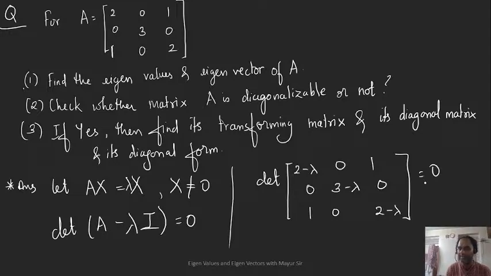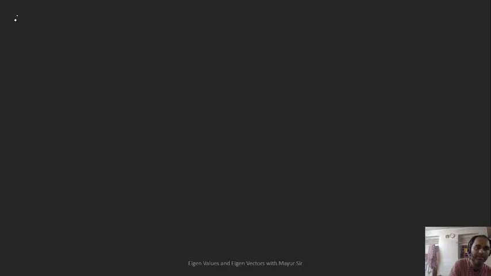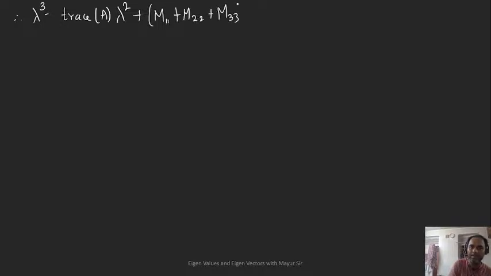Now let us write the characteristic equation. Again follow the formula: lambda cube minus trace A lambda square plus M11 plus M22 plus M33 lambda minus determinant of A equal to 0.